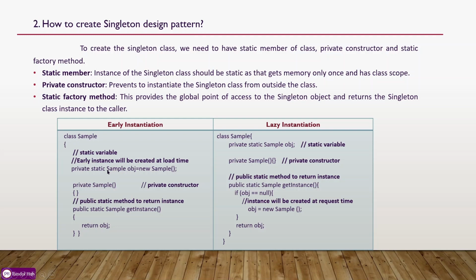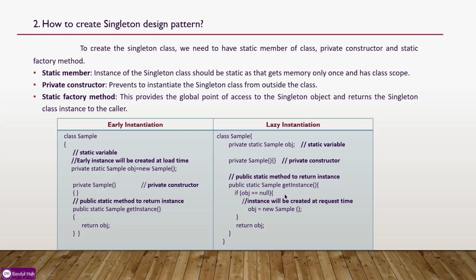That is, the object of the singleton class is instantiated at the time of creation itself. So whenever an outside class is going to access the singleton class object using the get instance method, the object will be returned.